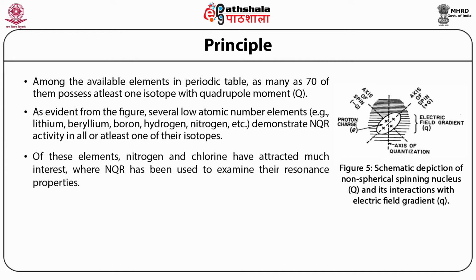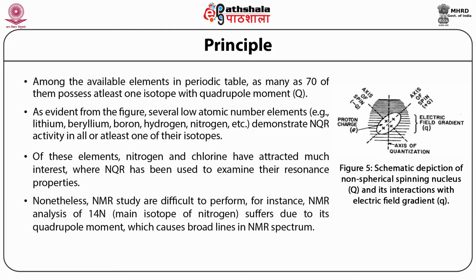Of these elements, nitrogen and chlorine have attracted much interest where NQR has been used to determine the resonance properties. Nonetheless, NMR studies are difficult to perform.